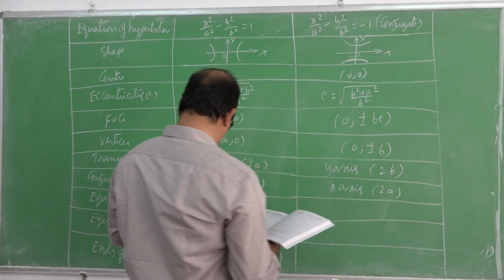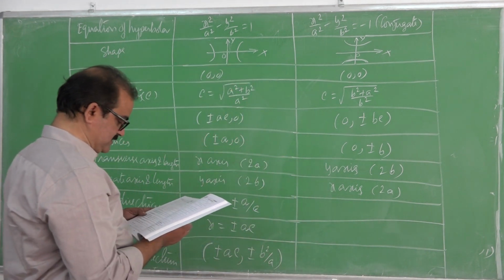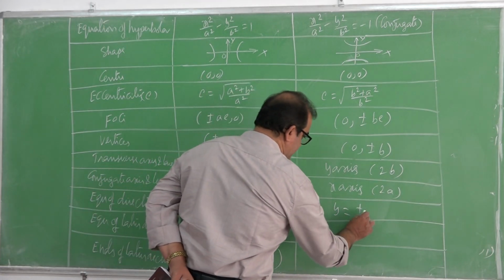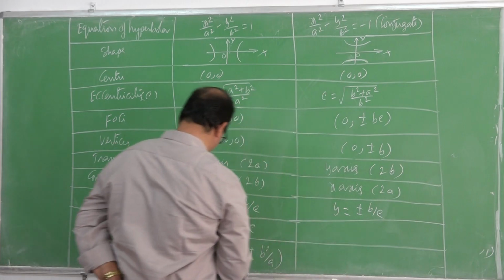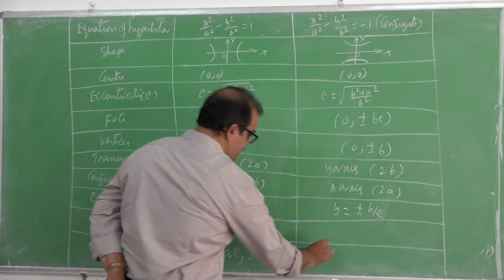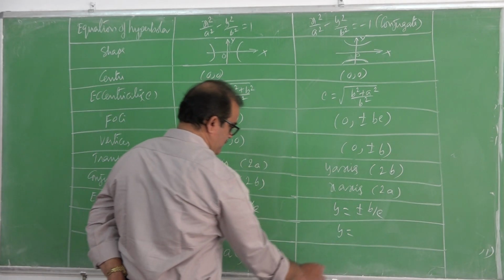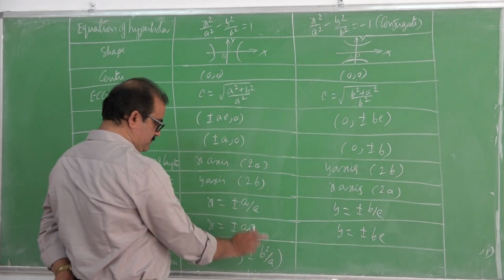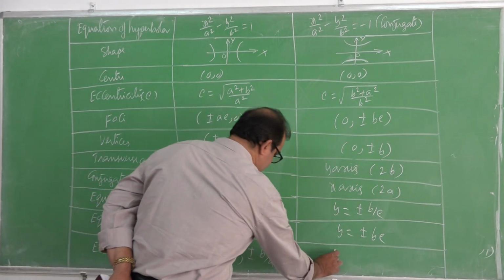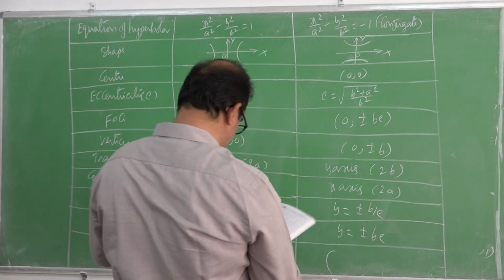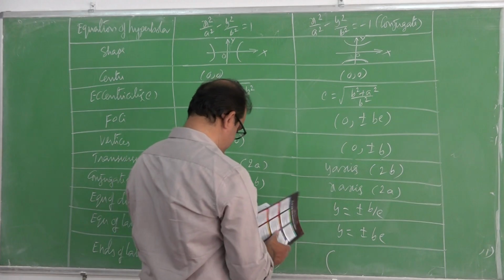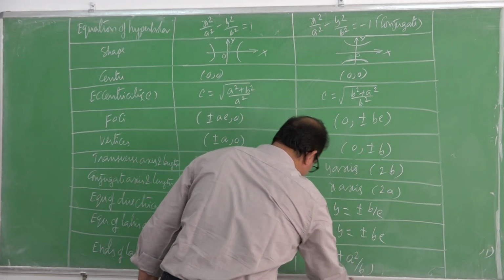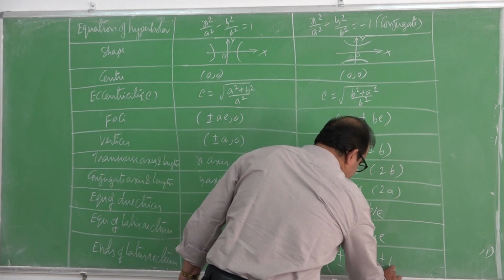Next, equation of directrices: y is equal to plus or minus B by E. Equation of latus rectum: y is equal to plus or minus B into A. Just replace A with B. Next, ends of latus rectum: plus or minus A square by B, then plus or minus BE.